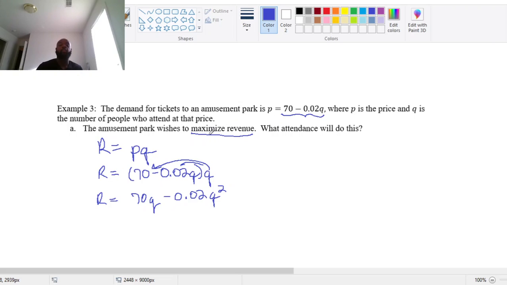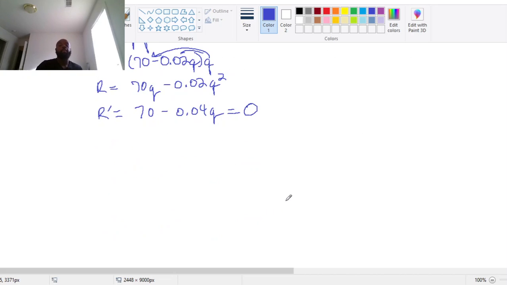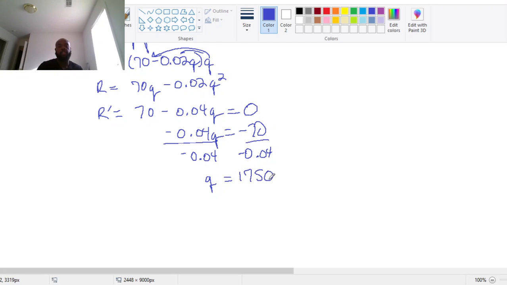And now I can maximize this using my derivative. Let's take the derivative. That'll be 70 minus 0.04Q. Set it equal to 0 to find your critical points. I subtract 70 from both sides, divide by negative 0.04, and I get Q equals 1750.